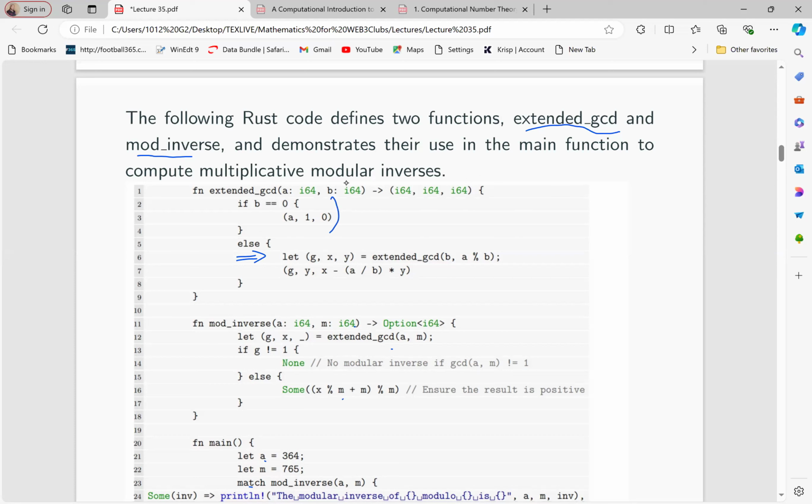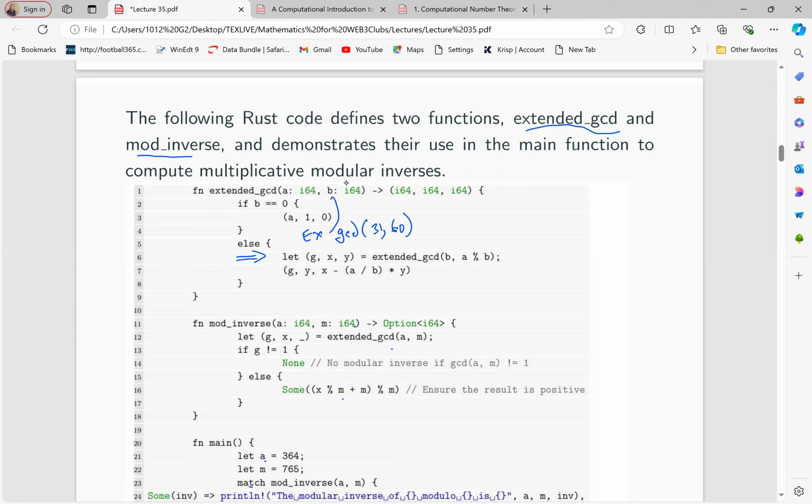Look at what it talks about. When it calls the extended GCD of 31, 60, what is the result here? Look at the result.